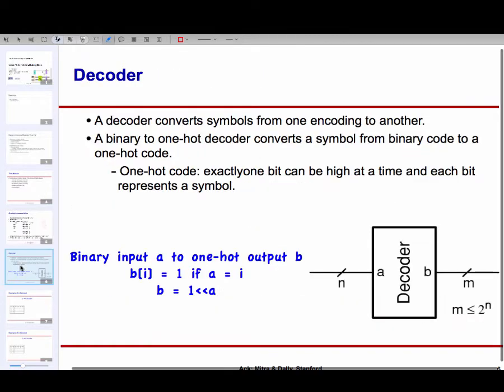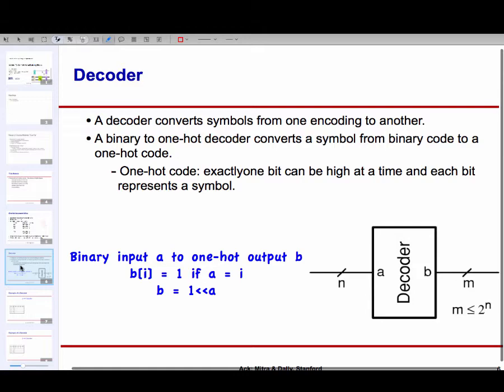Okay, decoder. So a decoder is a module. At a conceptual level, a decoder is something which takes encoded information and decodes it, right? Another way of saying it is, a decoder converts symbols from one encoding to another.